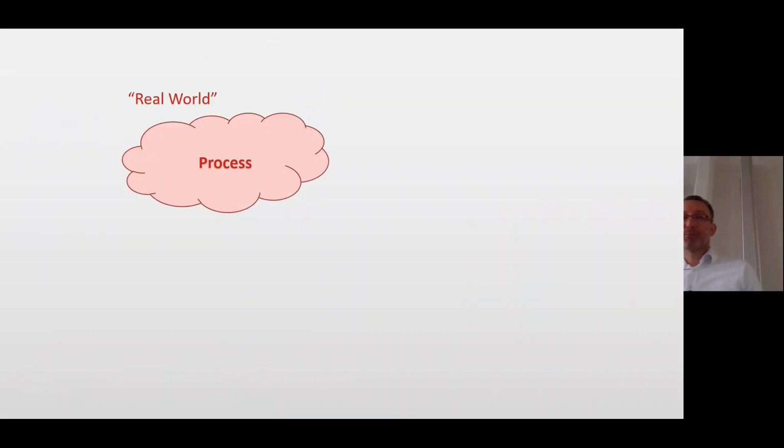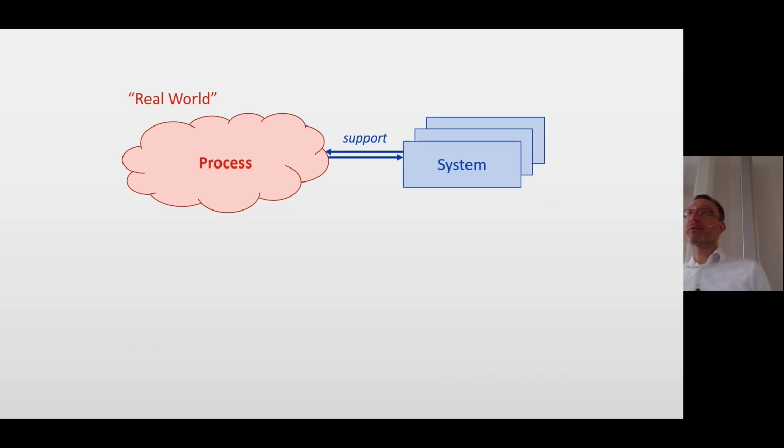So let me start simple. We want to study and improve processes in the real world, as Jan just mentioned in the comment to Jan Mendling's keynote. So these processes in the real world, we design all kinds of systems, right? BPM systems, information systems, decision support systems, AI systems, whatever it is. It's very rich.